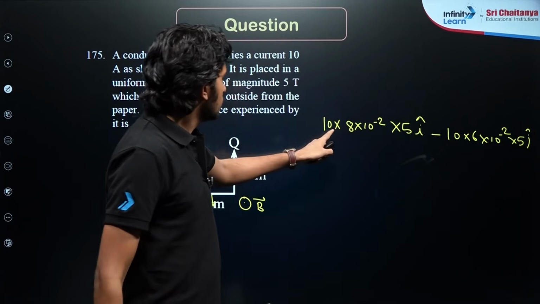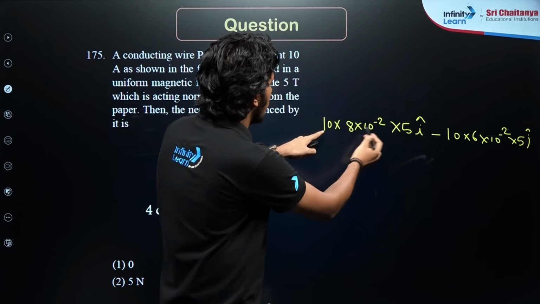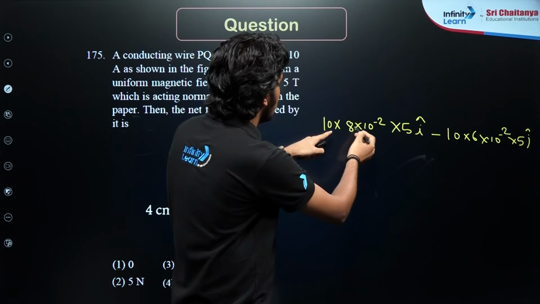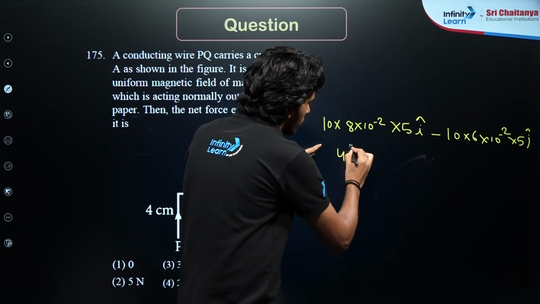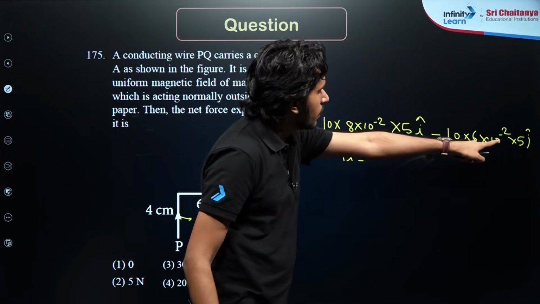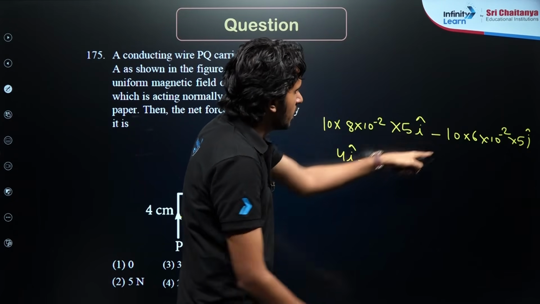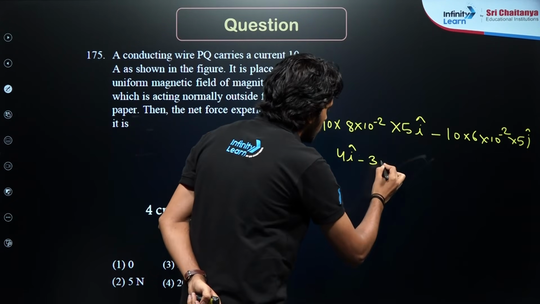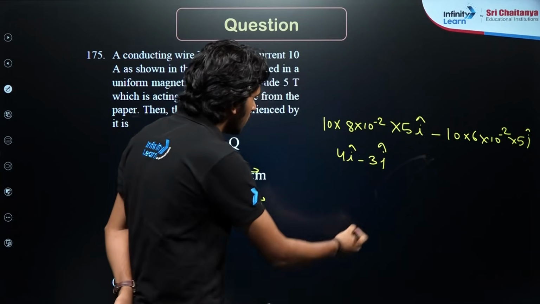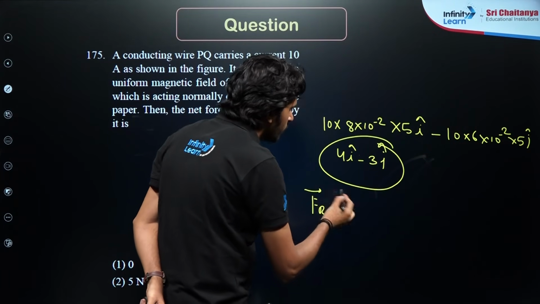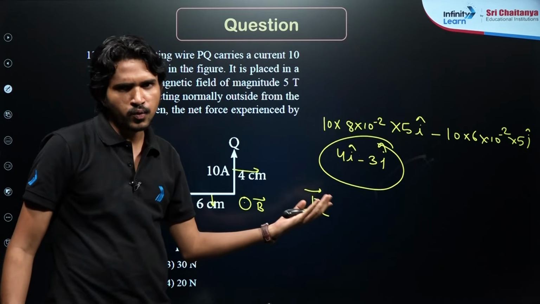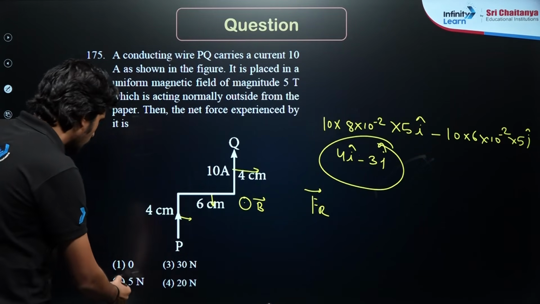Now 8 5s are 40, 400 into 10 raised to minus 2, 4 i cap, minus 6 5s are 30, 300 into 10 raised to minus 2, 3 j cap. Okay, and what will be resultant? Resultant force will be the famous triplet 3, 4, 5. So that would be 5 Newton.